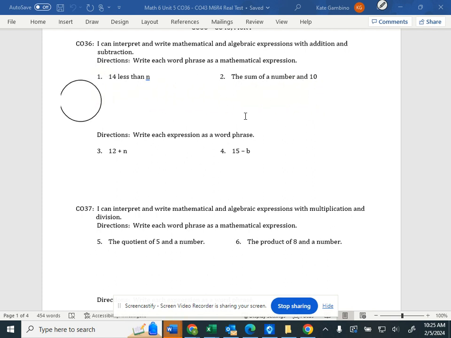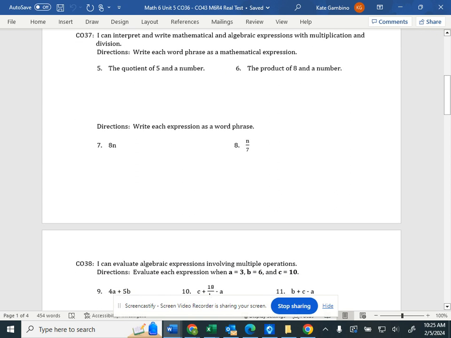All right, for our multiplying and dividing, quotient means we divide. Just like with subtracting, it's important with the order. With dividing, it's important what the order is. You cannot put the number first, because 9 divided by 3 is very different than 3 divided by 9.